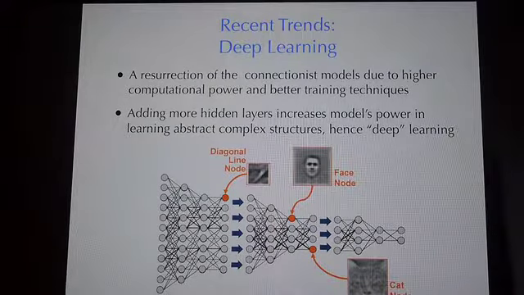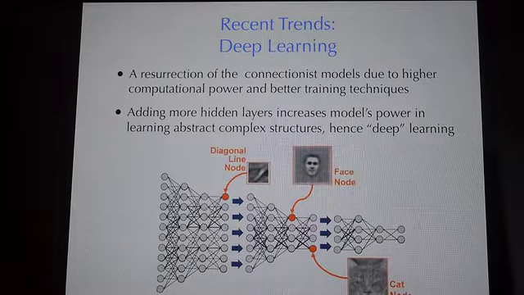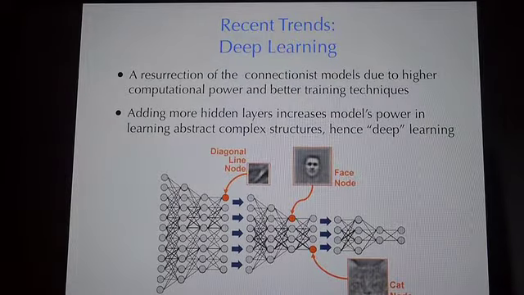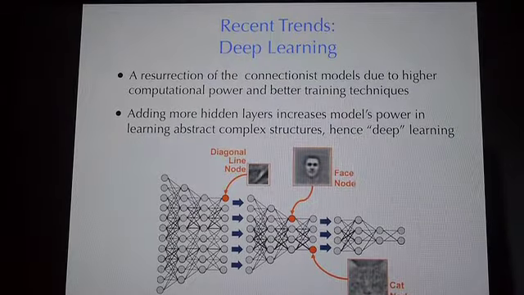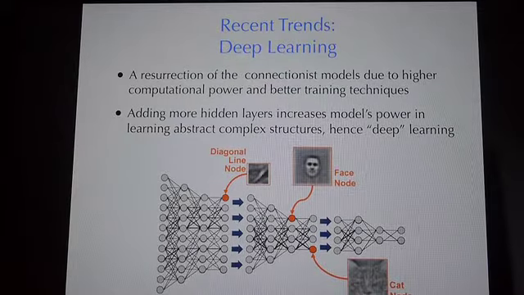What has really changed the nature of these models is the ability of the researchers to use many, many more hidden layers. So now you have models with several hidden layers where the distance between the input units and the output units has vastly increased. This is what people talk about when they talk about deep learning, which you might have heard in the media, by making these models very deep by adding more and more layers.